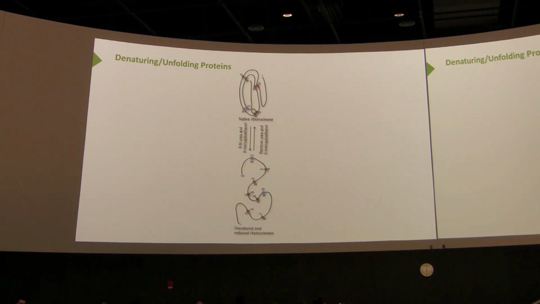Well, before we think too much about that, I want to point out something very important that you probably didn't think about as I was telling you this. The very fact that I can unfold RNase and it refolds on its own to any extent means that all the information for folding is contained in the primary sequence, because that's the only thing that's there.